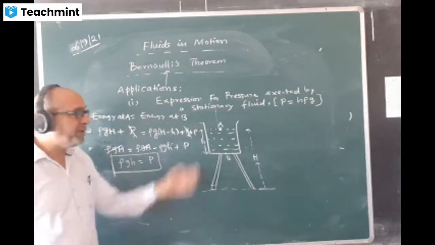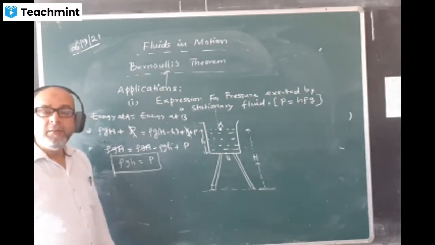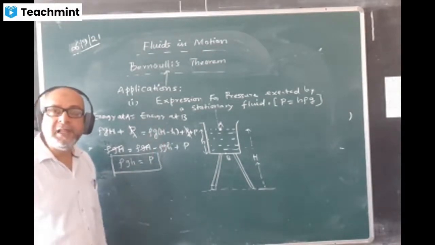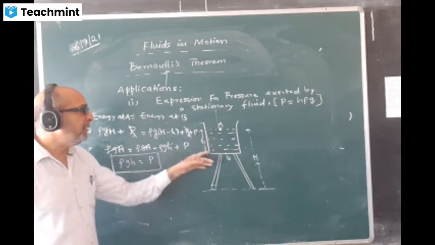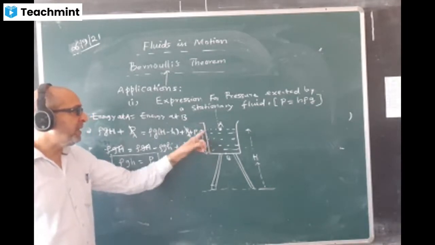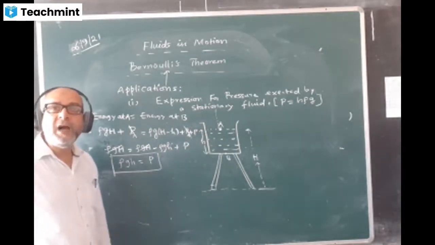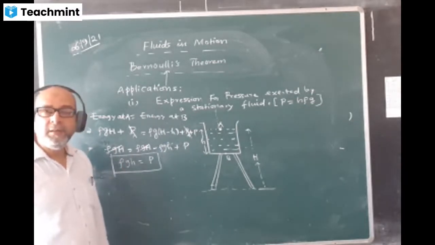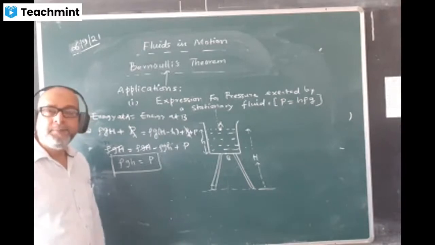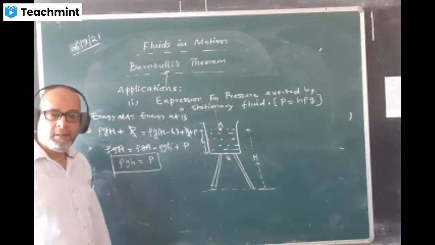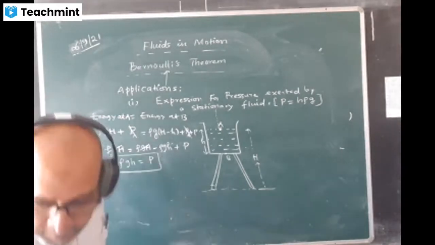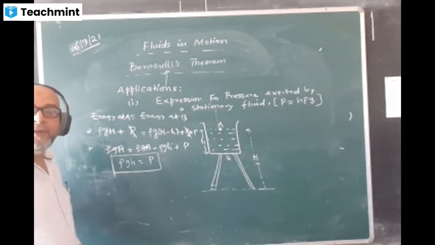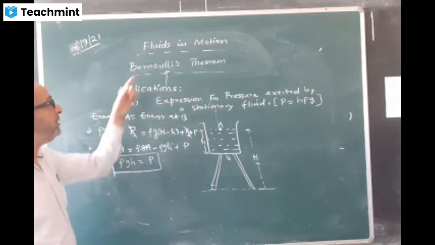It is not the entire height, but the height up to which the liquid is there in the container or vessel. We call it the height of the liquid column or height of the fluid column. Now the formula is proved. Done? Yes, sir. This is how we prove the formula using Bernoulli theorem.